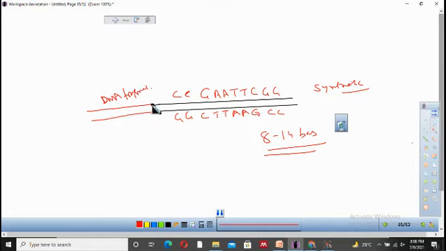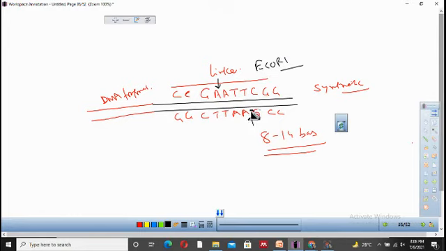So how to make this blunt end sticky? Once this is obtained, the DNA fragment gets associated with the linker. After the cleavage by the restriction endonuclease, this site is an EcoRI site.